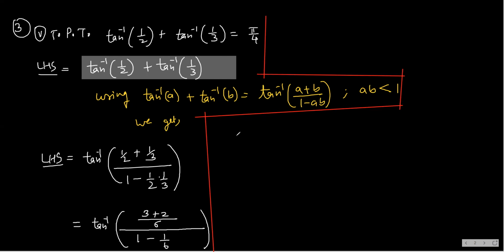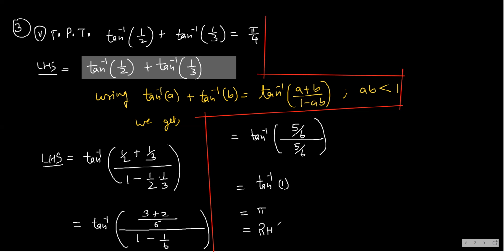So you will have tan inverse of 5 upon 6, and this is 6 minus 1 upon 6, which is again 5 upon 6. So that is equal to tan inverse of 5 by 6 upon 5 by 6, which is tan inverse of 1, which is equal to pi by 4, which is RHS.